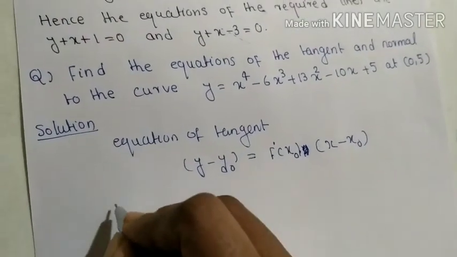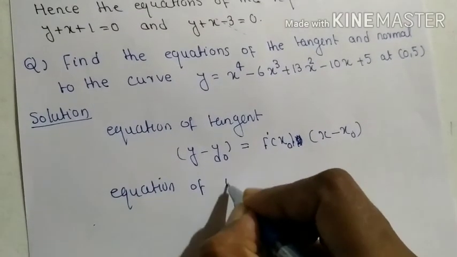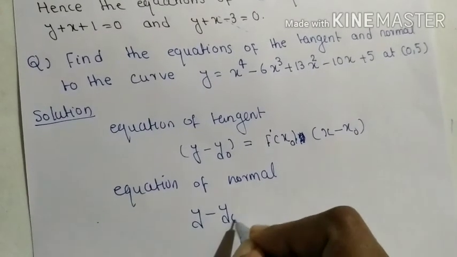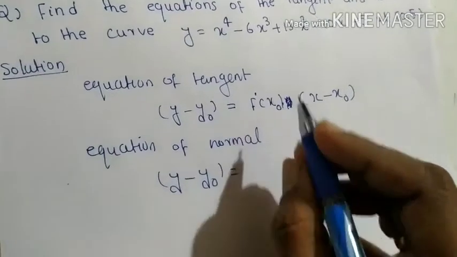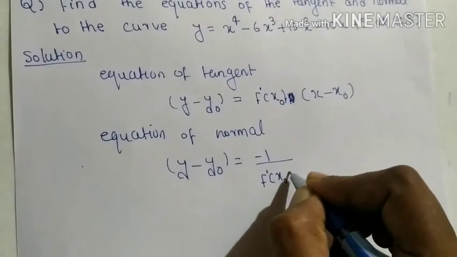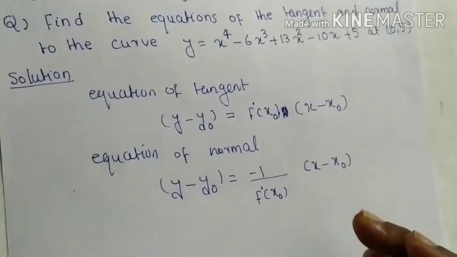Next one is the equation of normal that we have already learned. That is y minus y naught equal to minus 1 divided by f dash of x naught into x minus x naught.